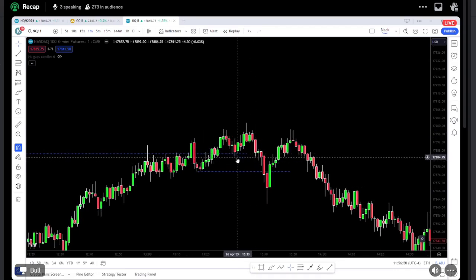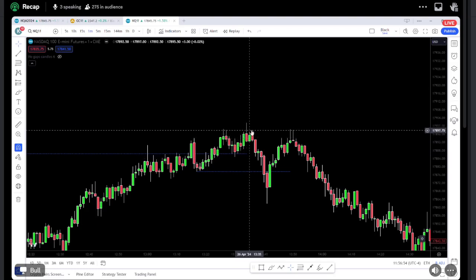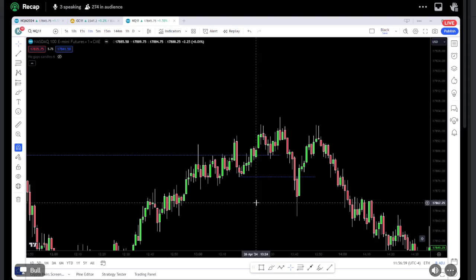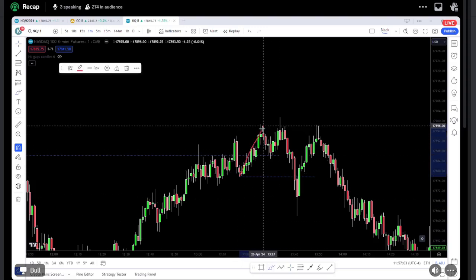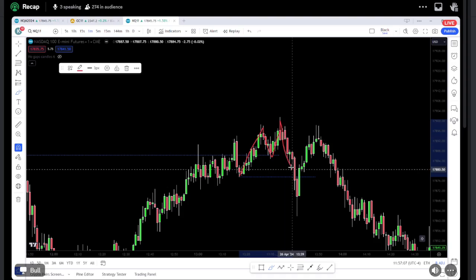Which became valid here, but we didn't get a body closure above. So what happened here was we look, we get our protected low, trade it up, trade it down, trade it up again, and then broke.